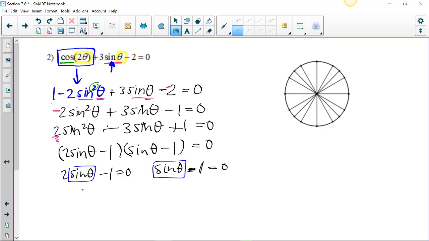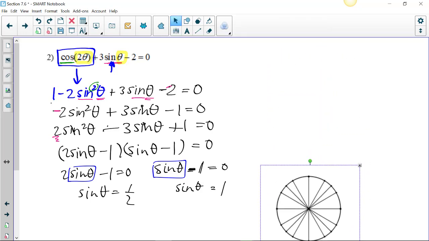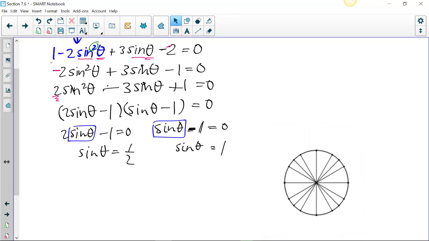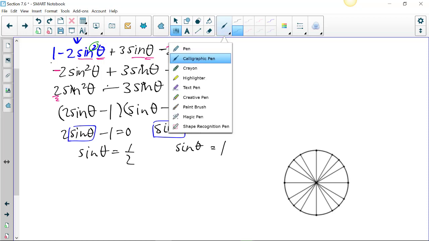All right, so here I get sine theta equals 1/2, and here I get sine theta equals 1. So now I have to figure out the angles between 0 and 2 pi that have those values of sine.